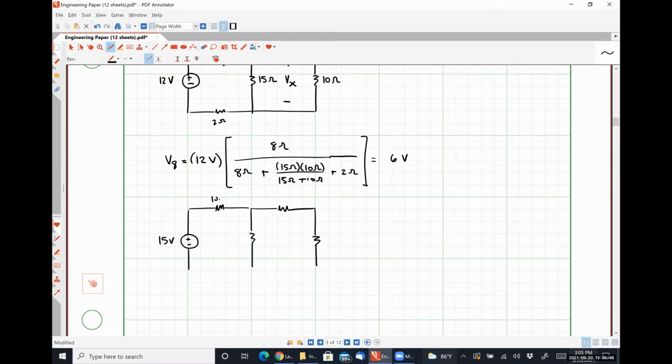Let's call this one 10, 20, 15, and 25. And I want to figure out what this current I-25 is.